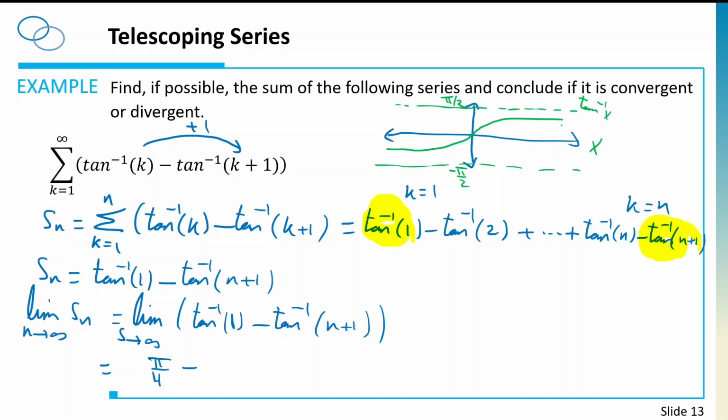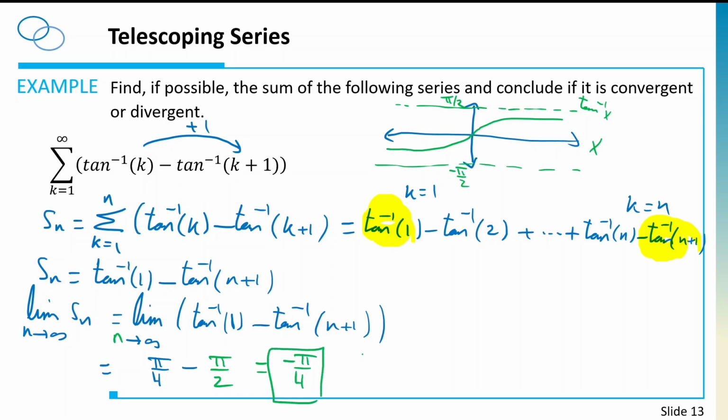Now look at tan inverse infinity. As x approaches infinity, or here it's n, as n approaches infinity, the function goes to what? To pi over 2. So this is minus pi over 2 from the graph. If you do the subtraction here, this equals negative pi over 4.